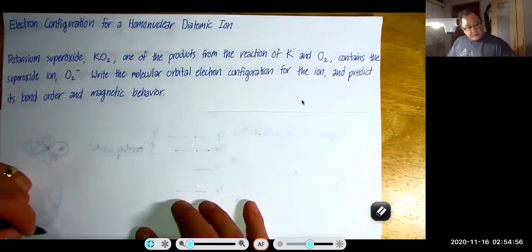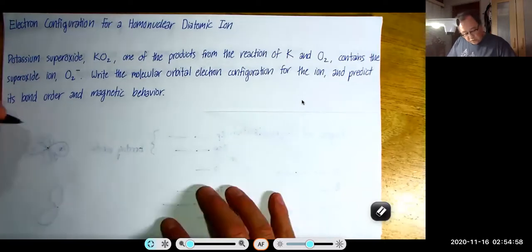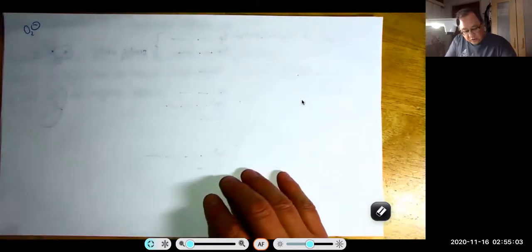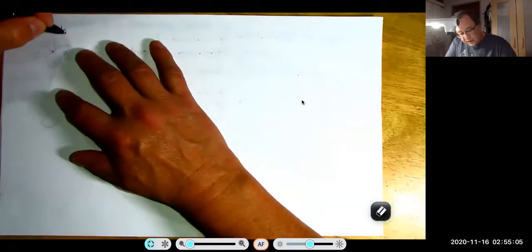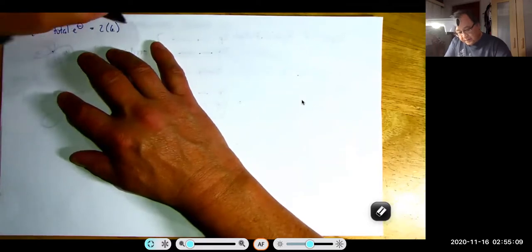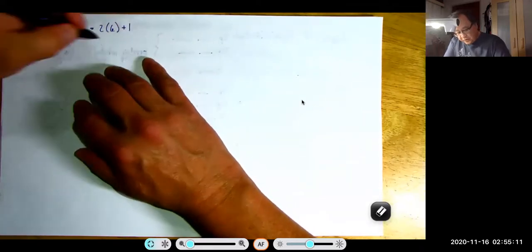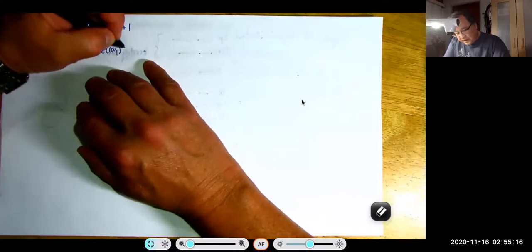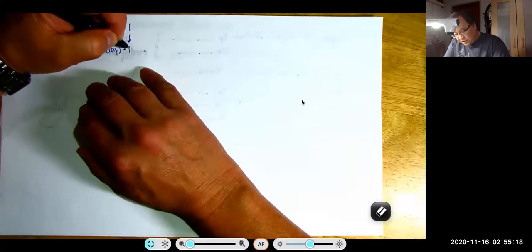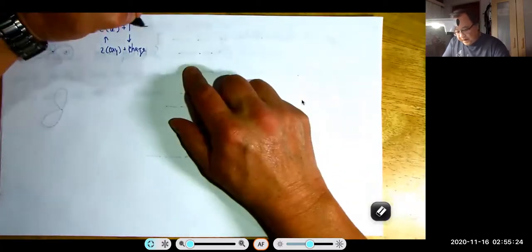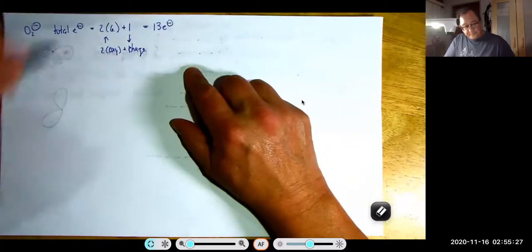So here, I'm going to draw O2 minus, and the total electrons are going to be 2 times 6 plus 1. So this is 2 oxygens, and this is the charge. Because it's a -1 charge, I'm adding an electron. So we're going to have 13 electrons total.